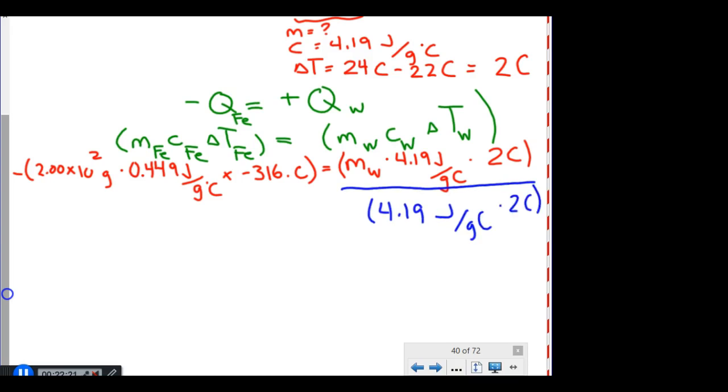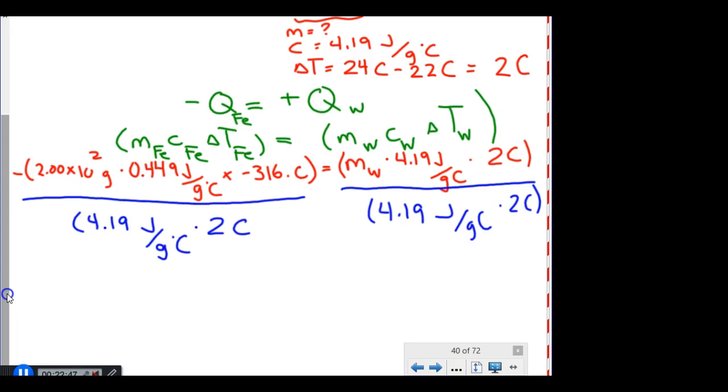What I do to one side, I have to do to the other side, right? 4.19 divided by 4.19 is 1.